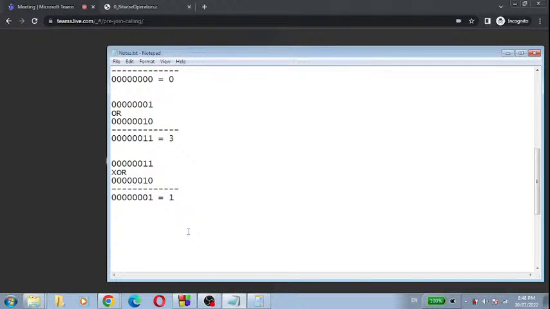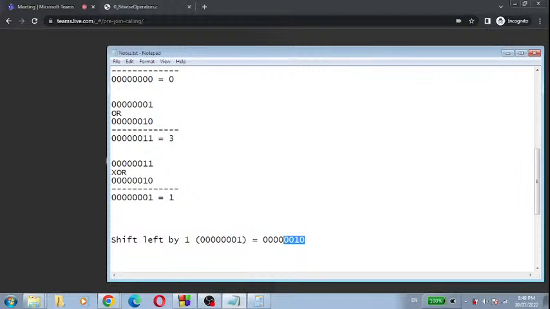I want to shift left by 1 of this number, which is 1 actually. So the result is 0 0 0 0 0 0 1 0. That's the result here.